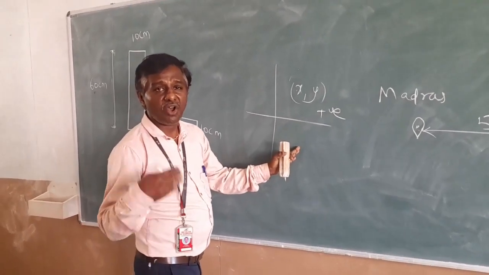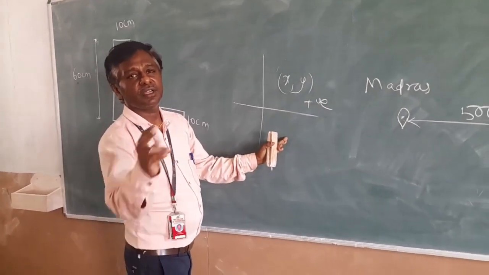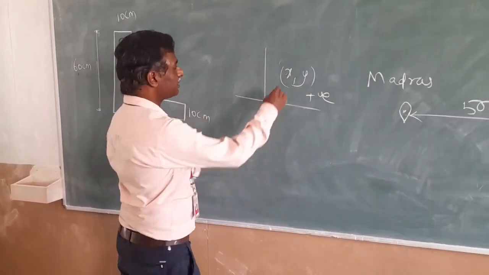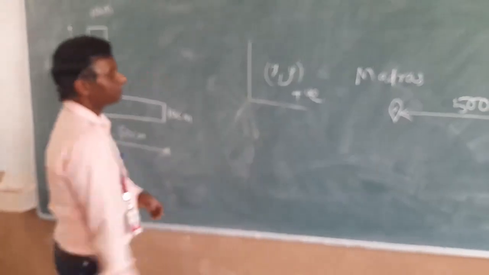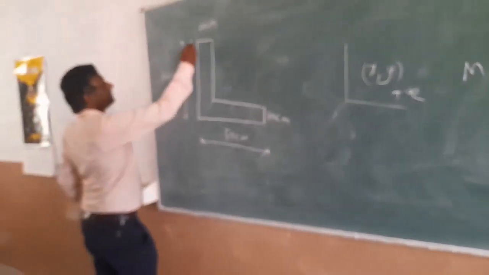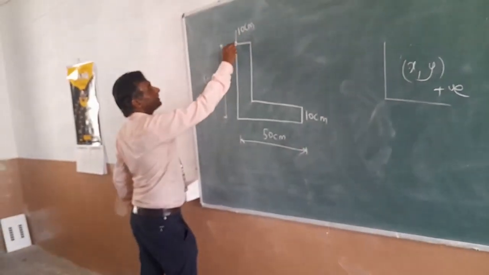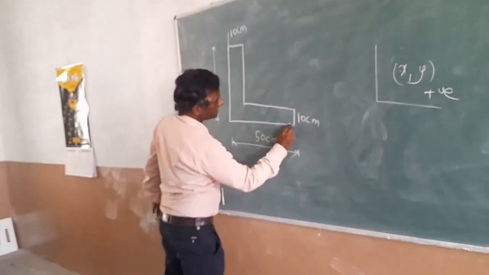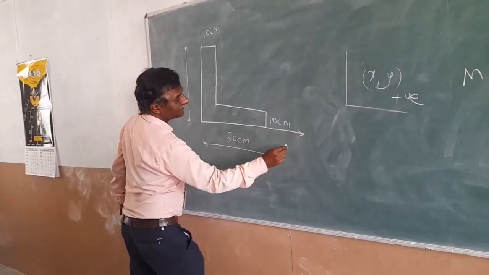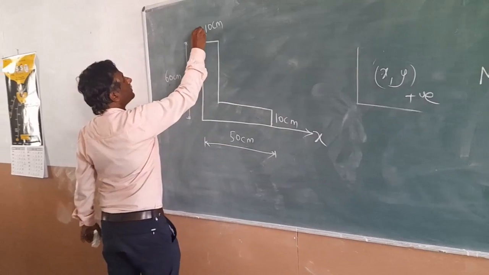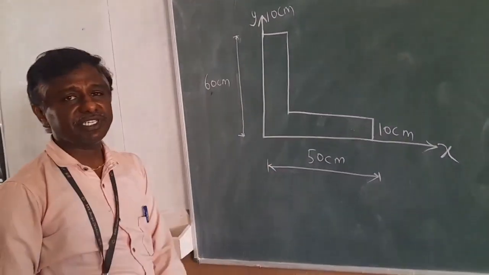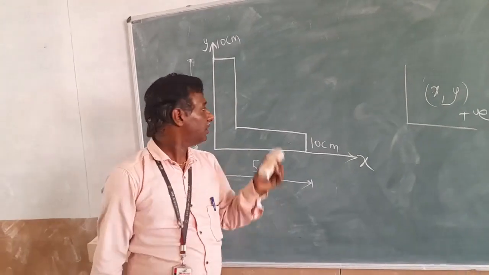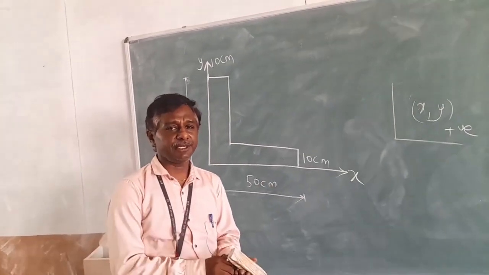So I am taking everything in the positive direction, so it must be in the first quadrant. Consider the left extreme end and the bottom extreme end. This is the x axis and this is the y axis.